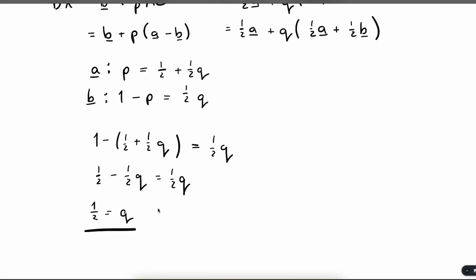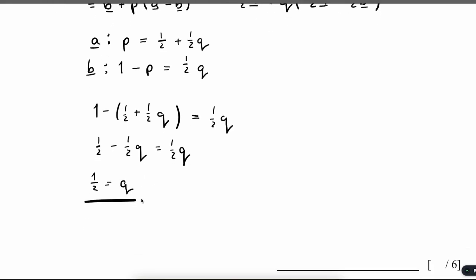Now we know 1 minus P is a half of Q. So 1 minus P is a half of a half, which is a quarter. So we know P must be 3/4.